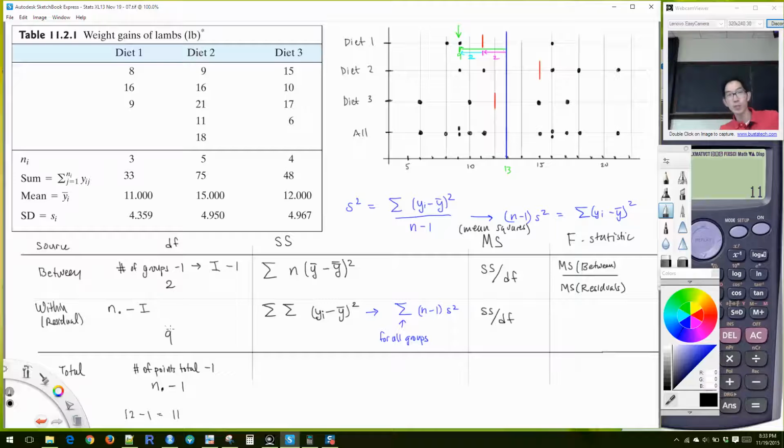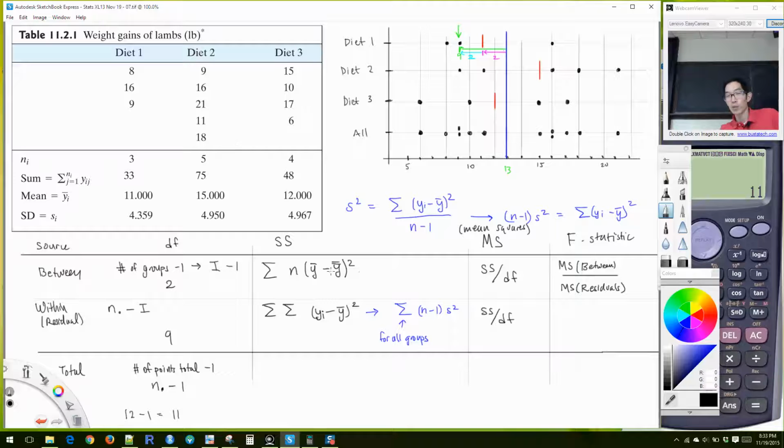the degrees of freedom, it's not exactly this, but you can kind of think of it as, so we have a total sum of squares, and I can divide the total sum of squares by, not exactly this, but every single lamb that we have. Okay, and then we also have a total sum of squares between the groups, and I can divide this by, not exactly this, but how many groups we have.